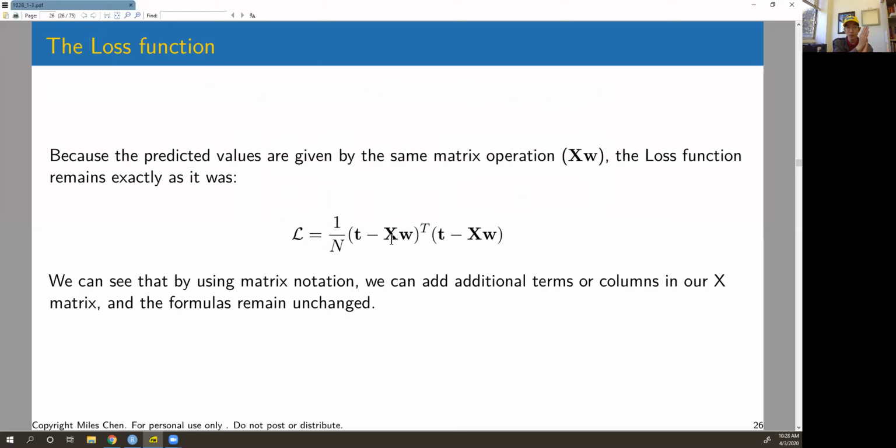On Wednesday, X was n by 2. You had a column of 1s and a column of X values. Today we have 3 columns: a column of 1s, a column of X values, and a column for X squared. But as far as writing the matrix, this is still just written as big X. If we use matrix notation, we don't have to change anything.